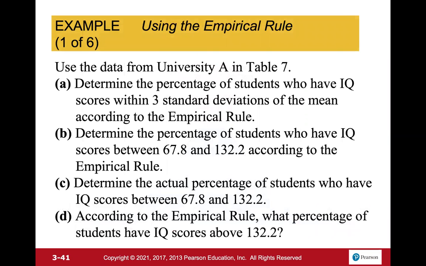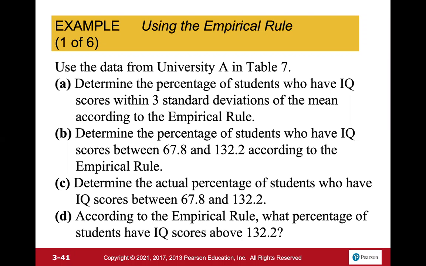All right, so use the data from University A in Table 7. Determine the percentage of students who have IQ scores within 3 standard deviations of the mean according to the empirical rule. Part B, determine the percentage of students who have IQ scores between 67.8 and 132.2 according to the empirical rule.